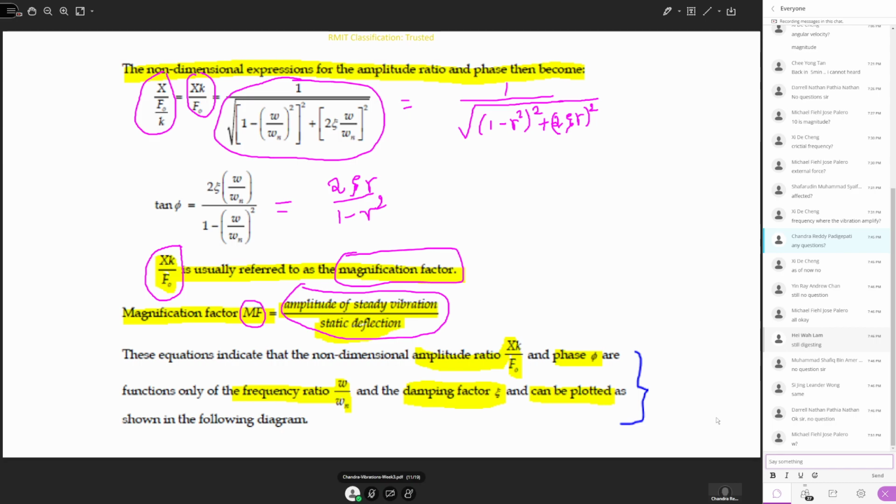So x represents the amplitude of the steady vibration, and F naught over K is the static deflection. So this equation indicates the amplitude ratio is x k over F naught, and the phase is phi.